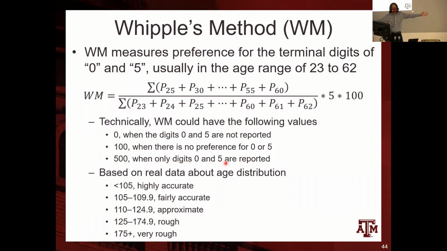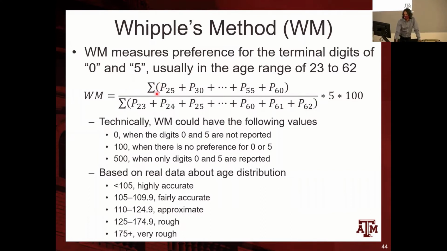But let's say that in this society you have people in all ages between 23 and 62, the same number of people across all these single ages, 23, 24, 25, until 62. And then at the top, you get only the ones with 25, 30, 35, 40, and so on.